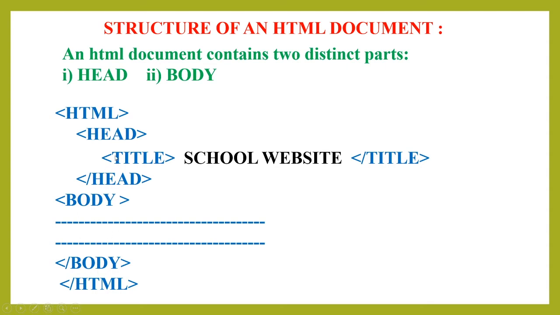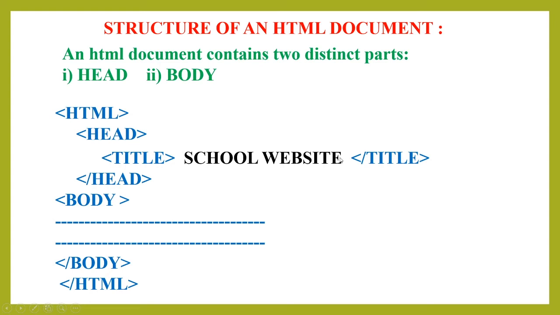Then the next tag is the head tag. The head tag is used to provide some additional information, including the title, script, etc. in a web page. It is also a container tag. You can see that under the head tag, I have used the title tag, and inside the opening and closing title tag, I have used school website.